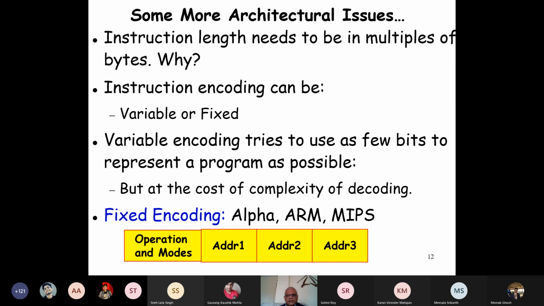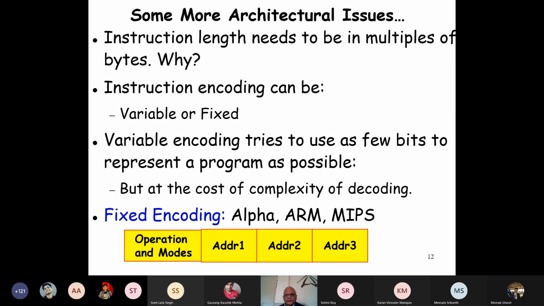Now, why is fixed encoding being used? What is wrong with the variable encoding? The main problem is that before you can process an instruction, the processor has to fetch it. But how much does it fetch? Does it fetch 2 bytes, 3 bytes, 4 bytes? In a variable encoding it depends on the instruction type. It has to first look at the opcode, then determine the size of the instruction, then fetch the rest.